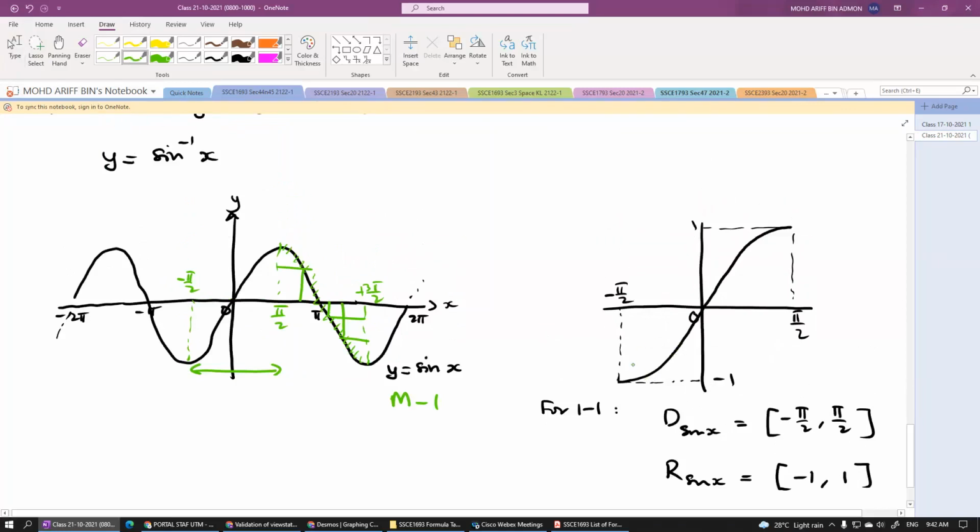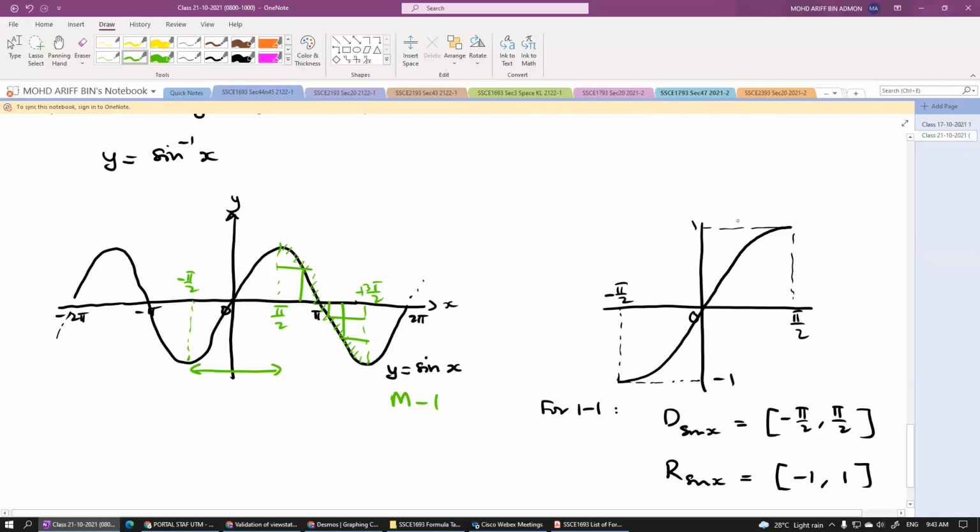I'm not sure where y equal to x is. Pi over 2 should be 1 point something, isn't it? Can you help me? Press your calculator. I don't have my calculator here. Pi over 2. Pi is 3.141, isn't it? Divided by 2, 1.57.